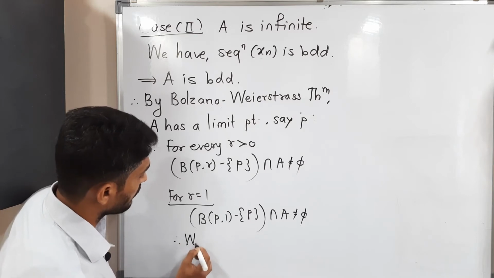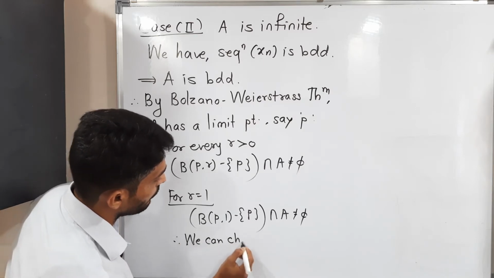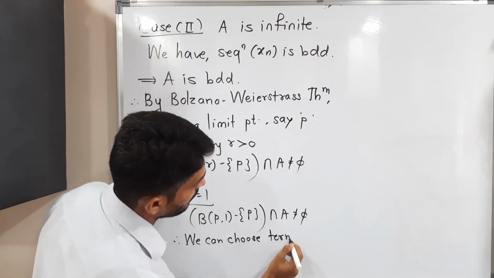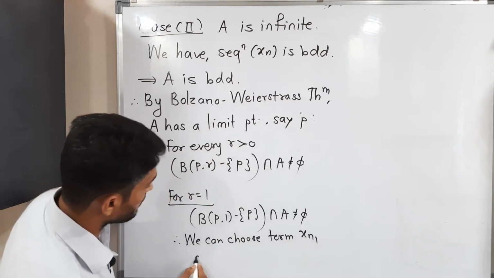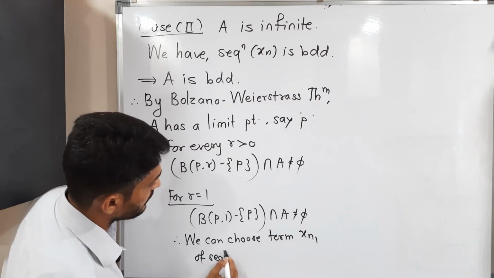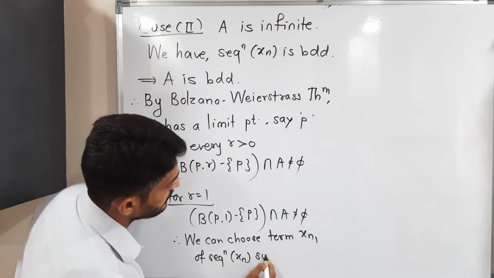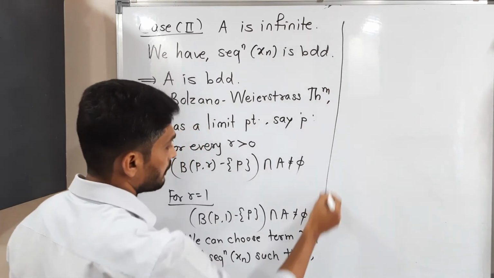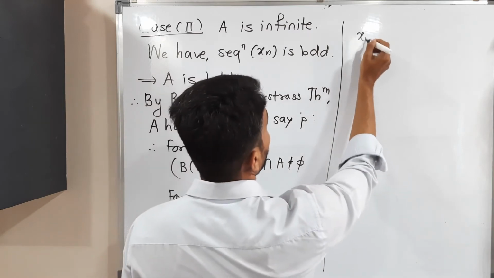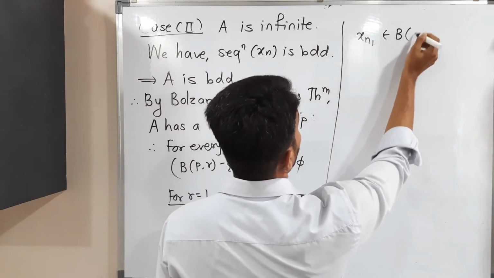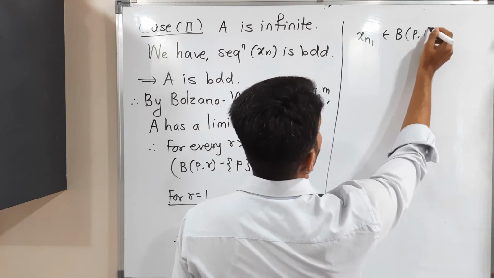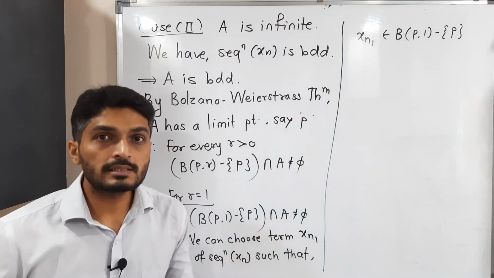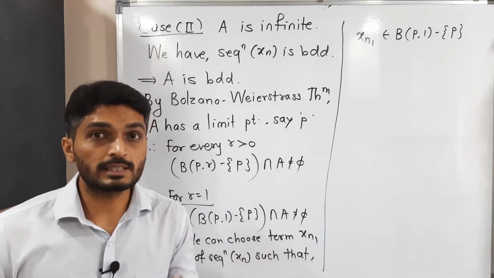Therefore, we can choose a term xn1 of the sequence xn such that xn1 belongs to this ball B(P, 1) minus singleton P. See, intersection A means A contains terms of the sequence xn, getting now?